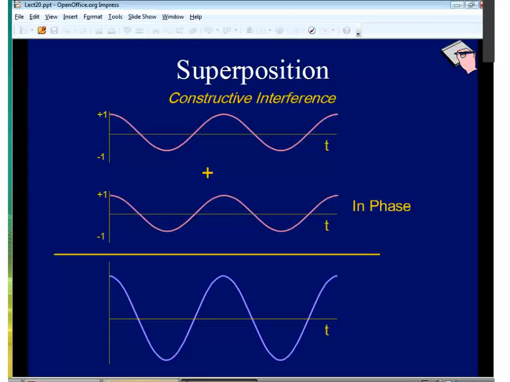So when they support each other, the result of adding two y's is something like this.